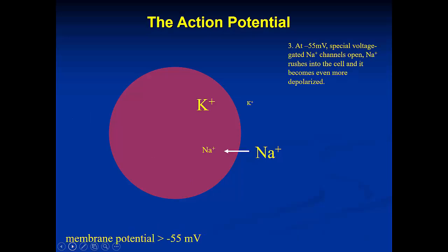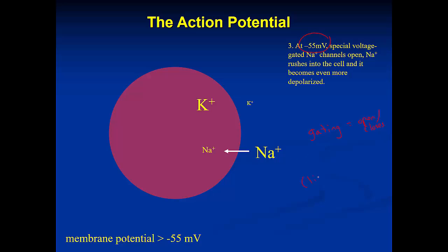At minus 55 millivolts, and this is a typical value, so I want you to remember that, special voltage-gated sodium channels open. What that means, gating has to do with what opens and closes. So voltage-gated means it's the voltage, the membrane potential, that causes those to open.